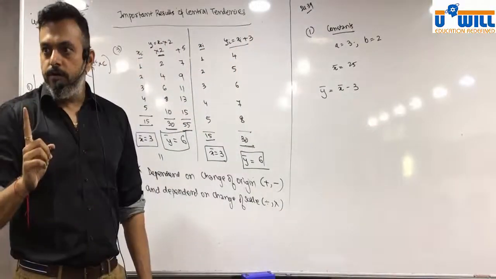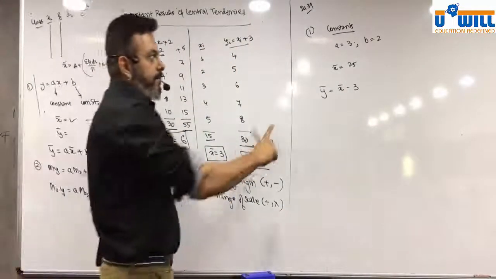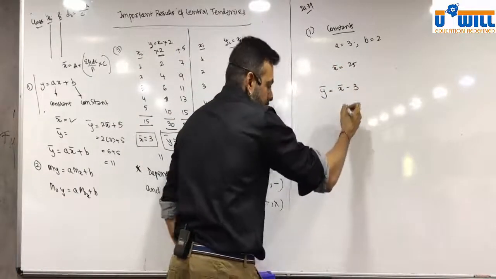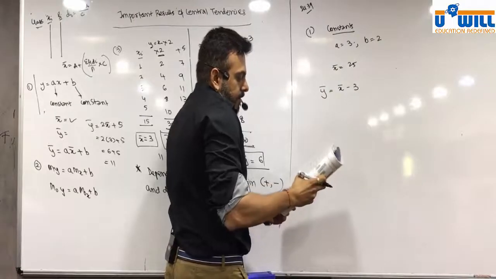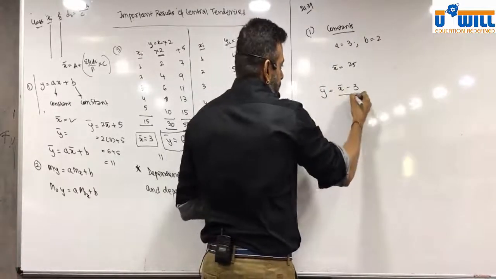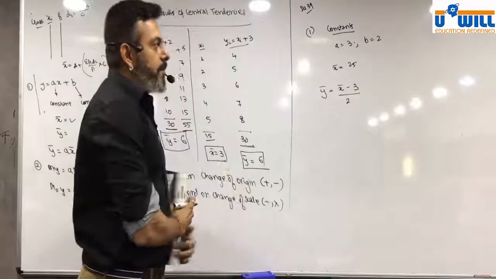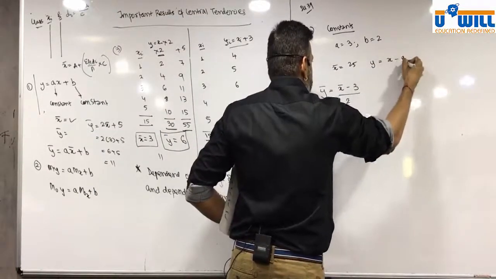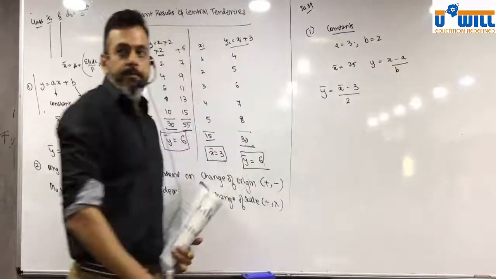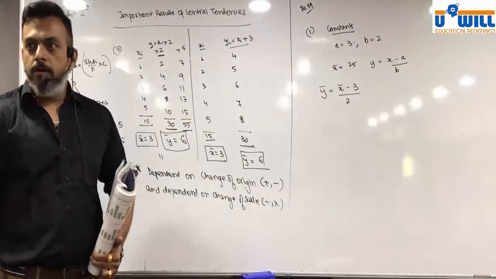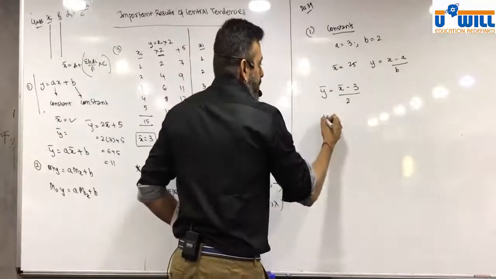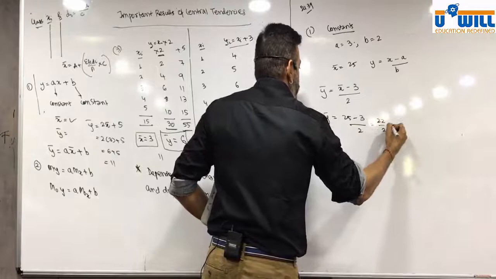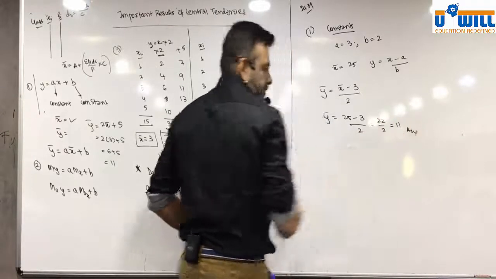All of you understood this. 3 is subtracted from x. So x bar में से 3 directly minus 3, and the result is divided by 2. So what we can form is the equation x minus a upon b. समझ में आ गया सबको? Okay, directly y bar is equal to 25 minus 3 by 2, 22 by 2, which is equal to 11.